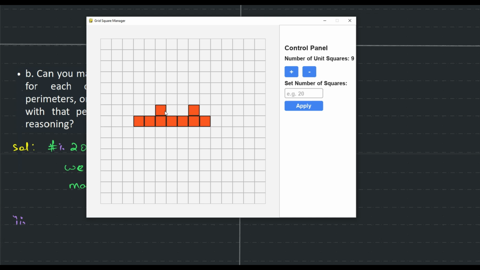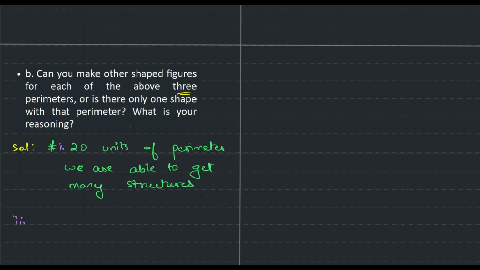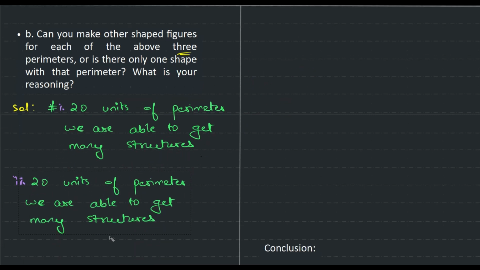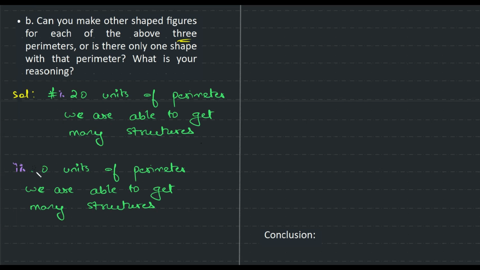I can move this way, and you have one more structure. These 2 will be 18, right? Because the same sides are closing the figure structure. So you'll end up with 18. So 18, two are possible. This was one, and even that second one too. For 18 units of perimeter, we are able to get many structures.